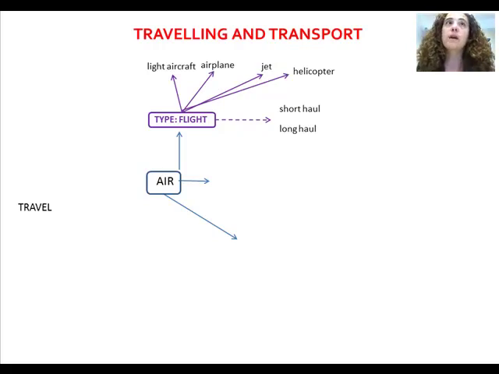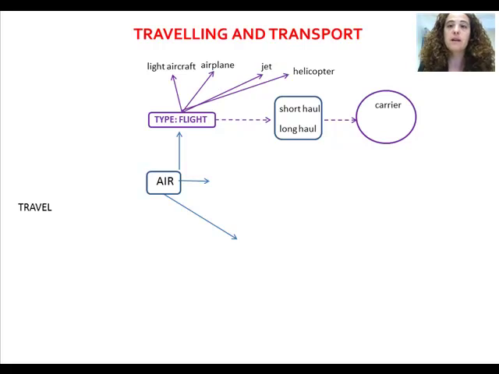One is for more than 1,500 kilometers, and the other is for less than that, long or short haul. And these can also relate to the type of company that we're going to be using for our traveling, provided, of course, that we are traveling using public companies. These companies can be called carriers or airlines.